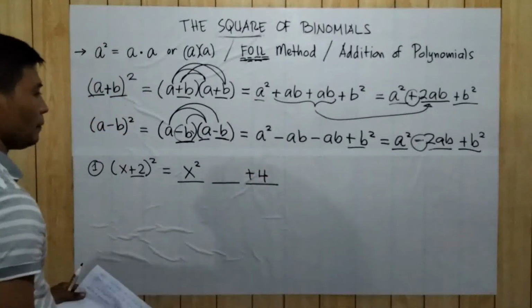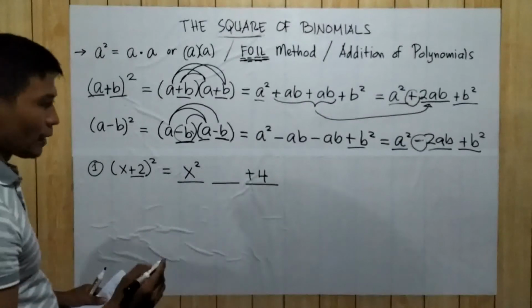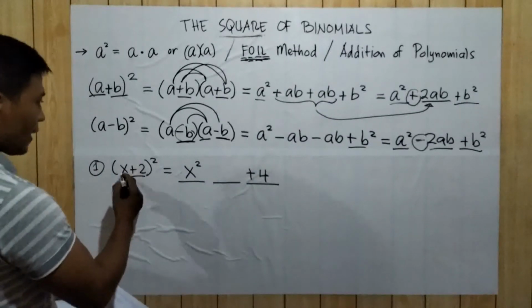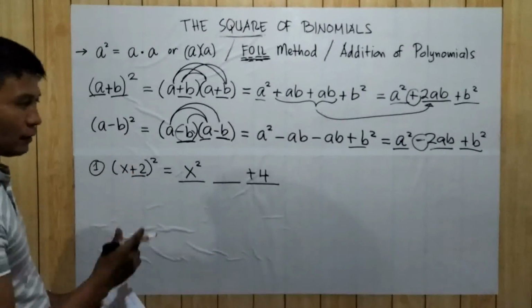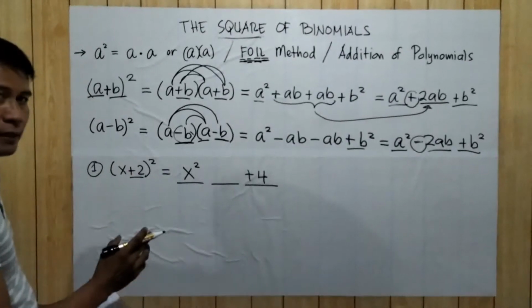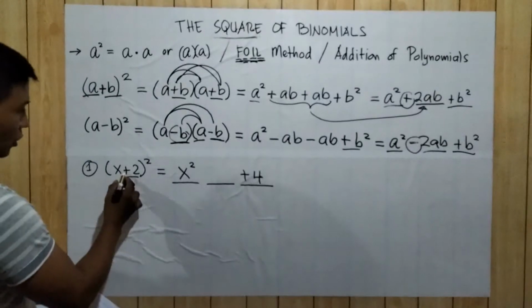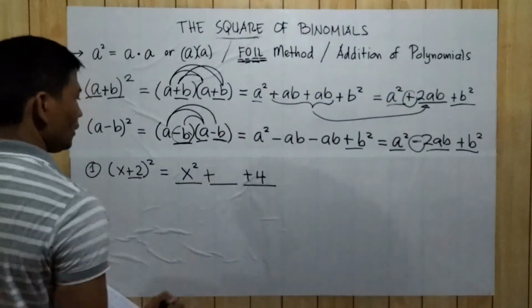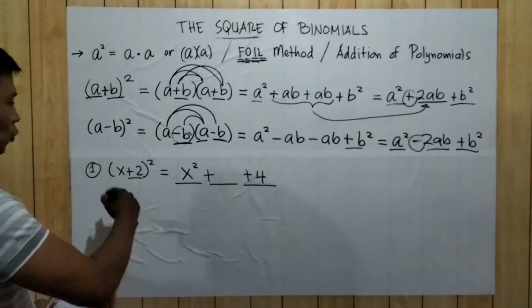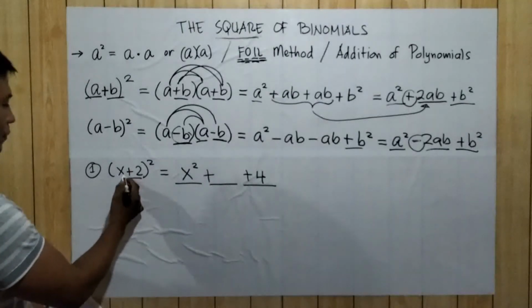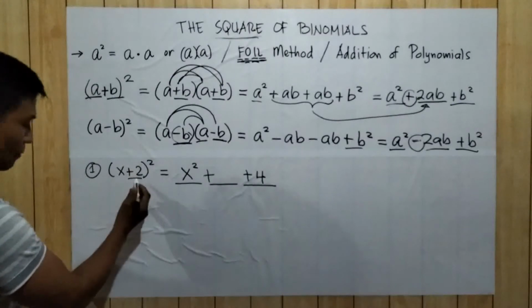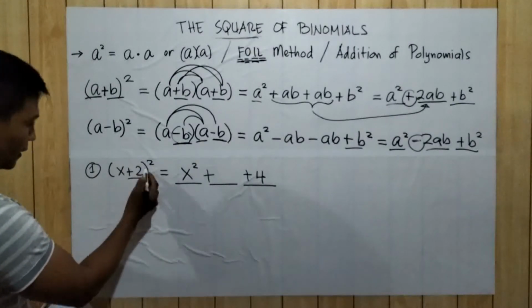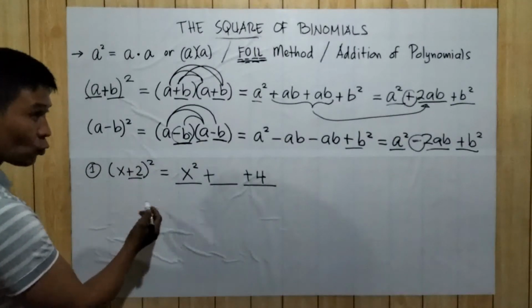How about our middle term? Alam po natin na ang sign ng ating middle term conforms with the operation in between ng dalawang terms ng ating binomial, which is addition, so, plus din po ito, and twice the product of the two terms of the binomial. So, x times 2 is 2x, twice.